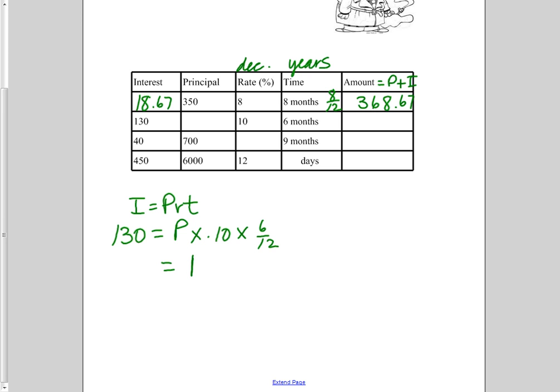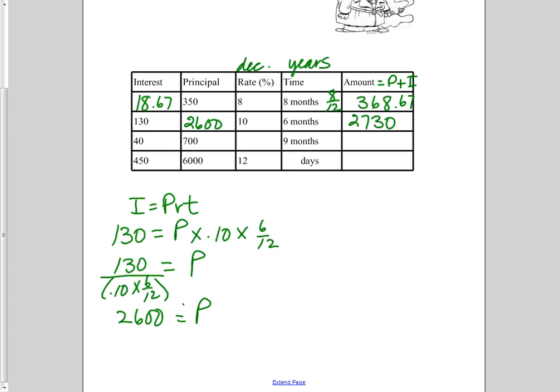To get that principal, I do a lot of division. 130 divided by 0.10 times a half, or 6/12. I end up with a principal of $2,600. So my total amount is $2,600 plus that interest, $2,730.